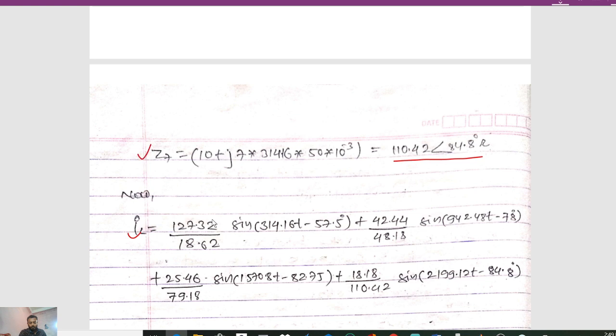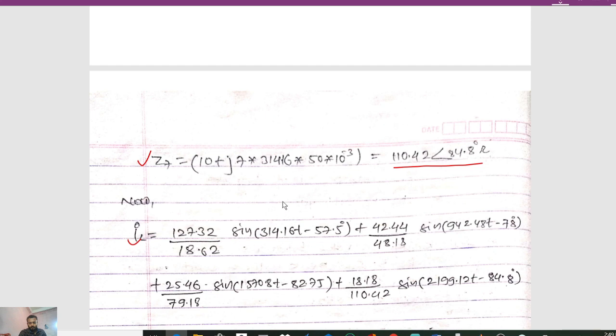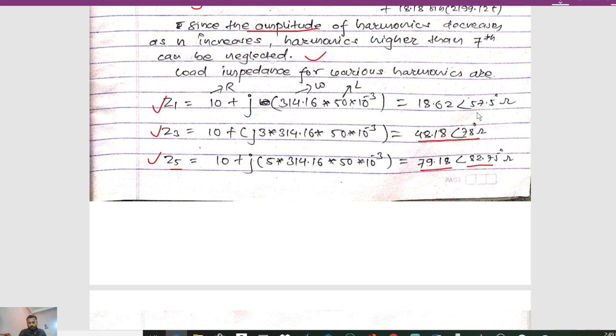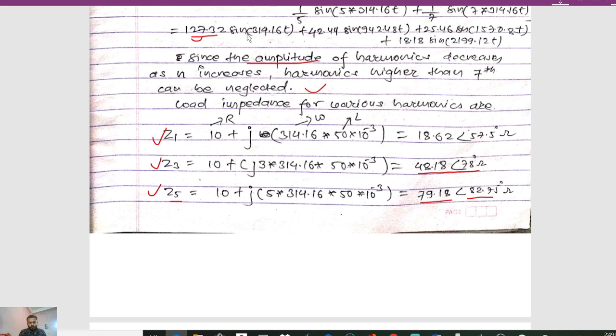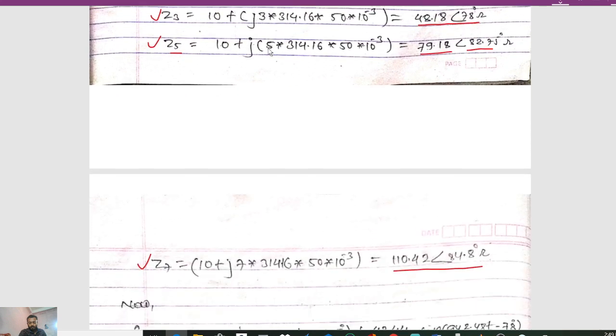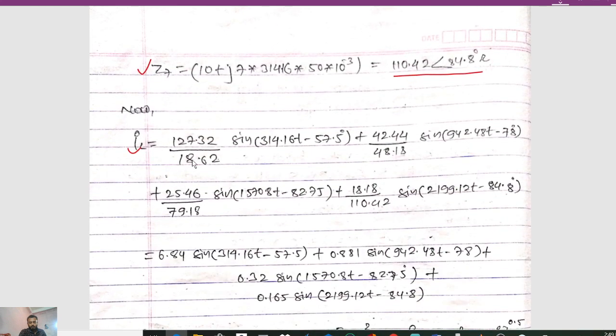So I equals V upon Z. For the fundamental, n equals 1, if we substitute the values we get 127.32 upon 18.62 sin 314.16 t, and the angle is subtracted, minus 57.5 degree. Similarly, the same is written for n equals 3, n equals 5, and n equals 7.